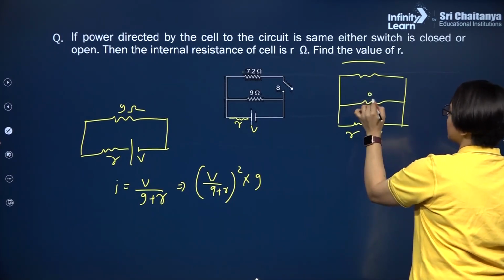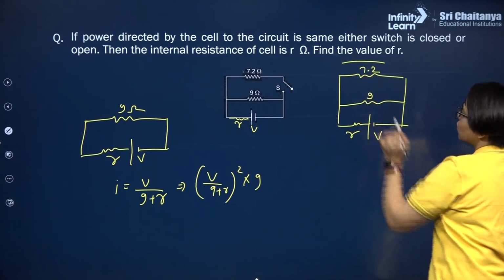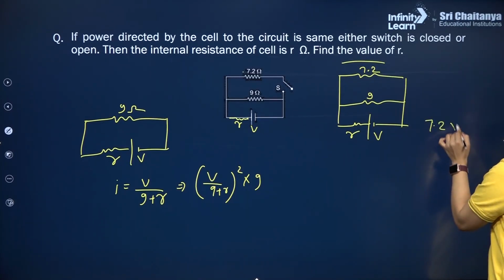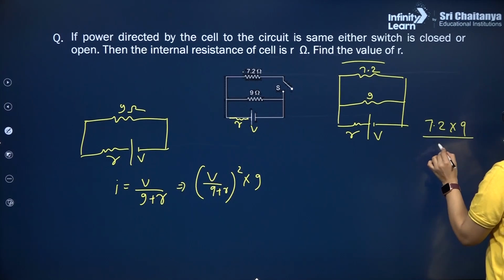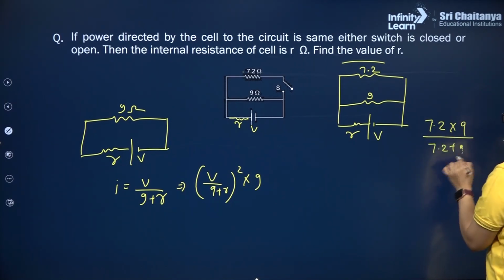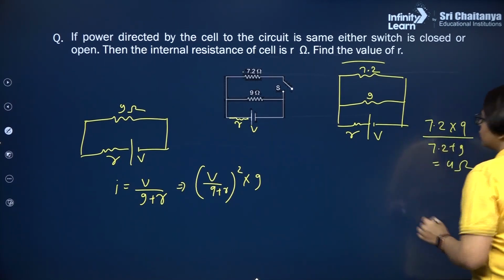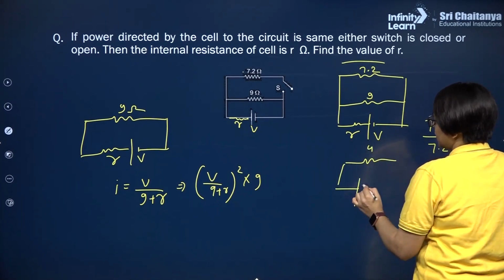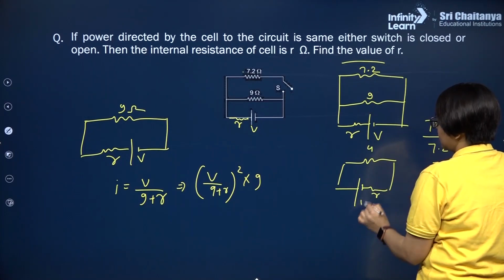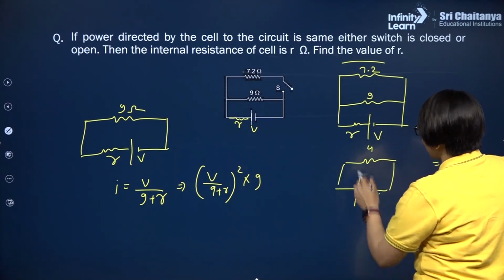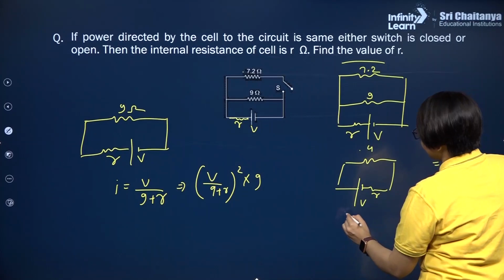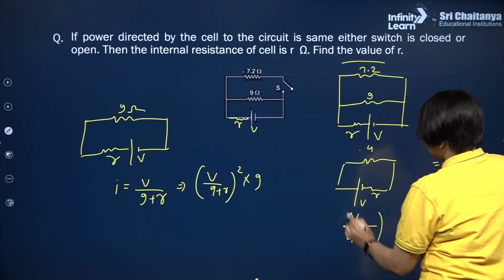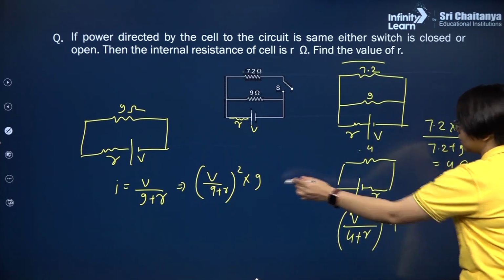Now when the switch is closed, the effective circuit will be this much: R, V, 9, 7.2. These two are in parallel, so their effective combination will be 7.2 into 9, R1 R2 divided by R1 plus R2. This will give you 4 ohm. So this can be reduced to 4 ohm, internal resistance R, and this is V. In this case, power delivered to this 4 ohm will be, I is V upon 4 plus R, so I square into R. Now this is equal to this.